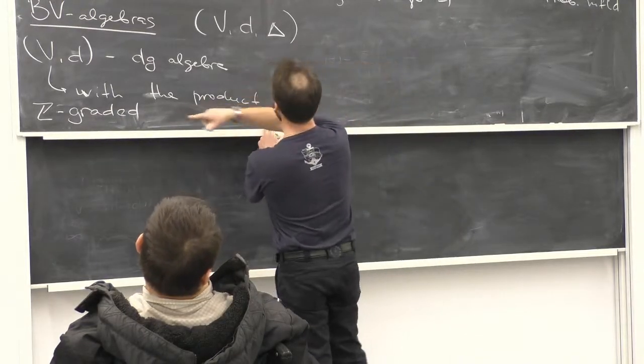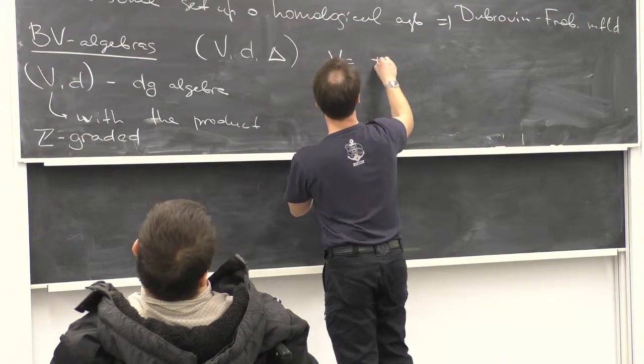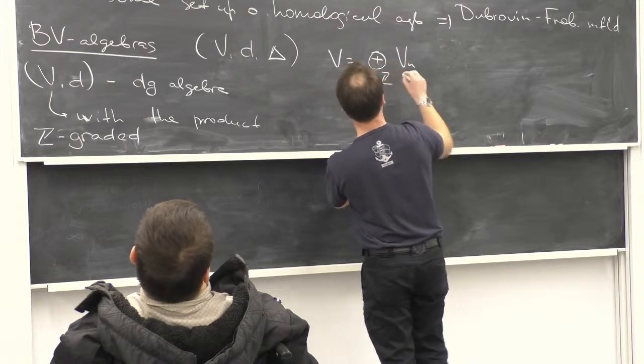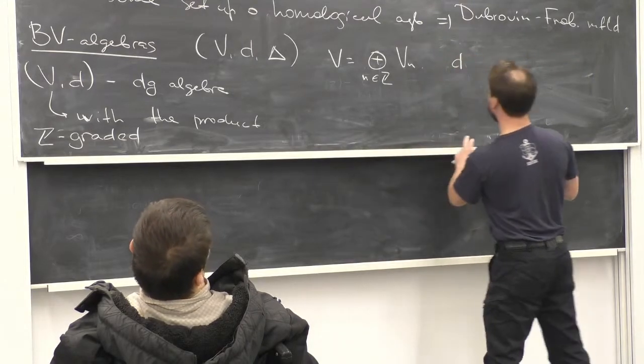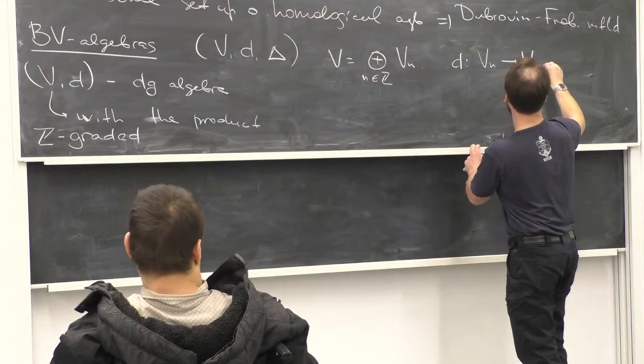Z-graded means that V is a sum of the V_n, and I assume the differential to be from V_m to V_{m+1}.